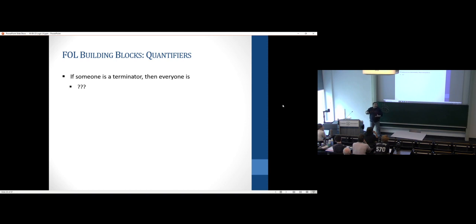That's perfectly fine. So you might be tempted to symbolize this one like this. And that's fine. This tells us if there's someone that's a Terminator, if there's something that is a T1, then everything is a T1.